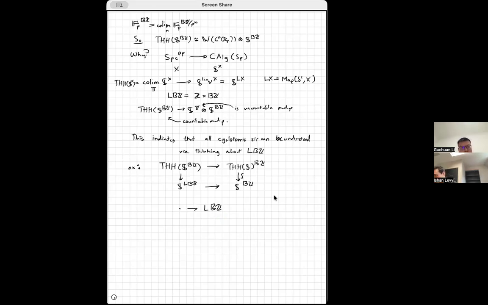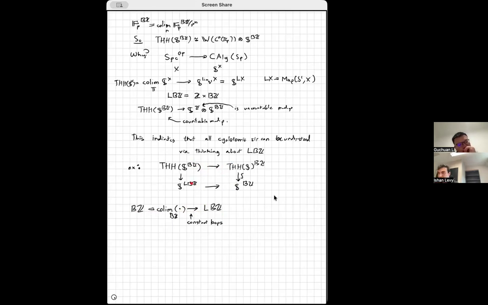And you can take the colimit over all of the points of BZ of these constant loops mapping in. So these are the constant loops, and you can see that that's exactly what this comparison map corresponds to. And so this colimit is exactly just BZ itself.